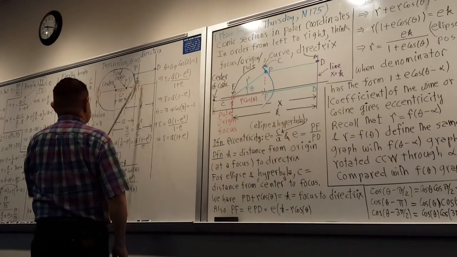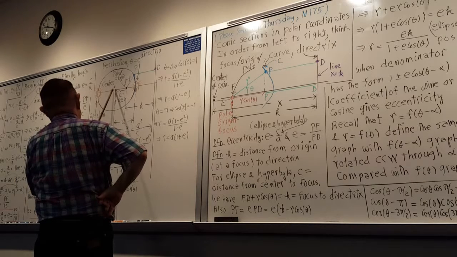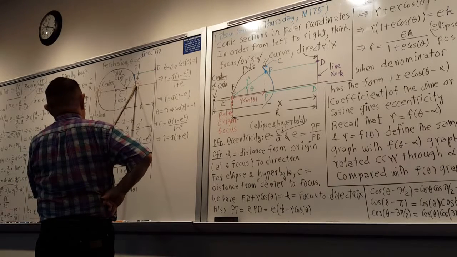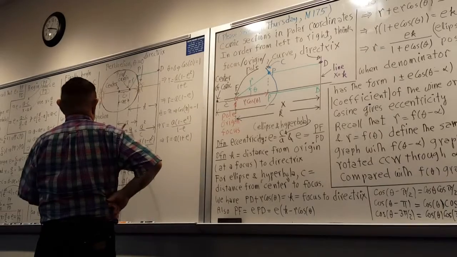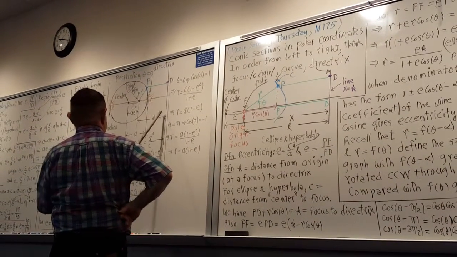So focus to directrix is K. Then A is center to vertex. Then A over E is center to directrix.